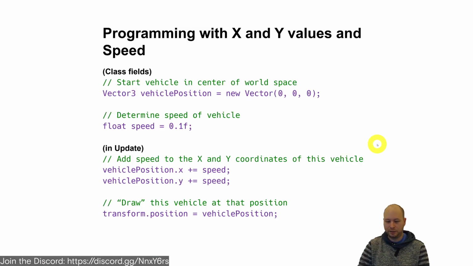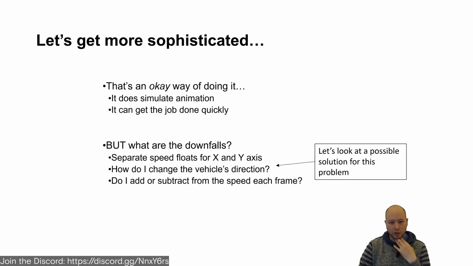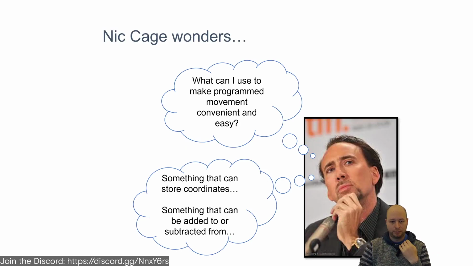Great, so now we can kind of see how that works. But it gets us there quickly, it makes movement happen very quickly, but how do we change one from the other? Right now we have the same speed for both the x and the y axis, and also how do we change the direction? It's not quite enough for what we want. So let's take a look at another way to do it.